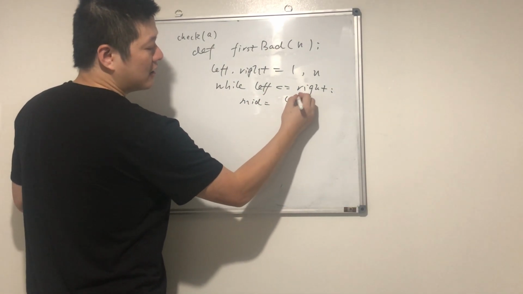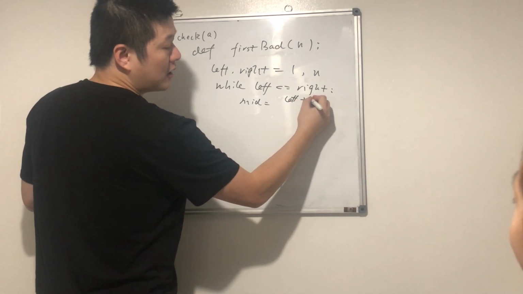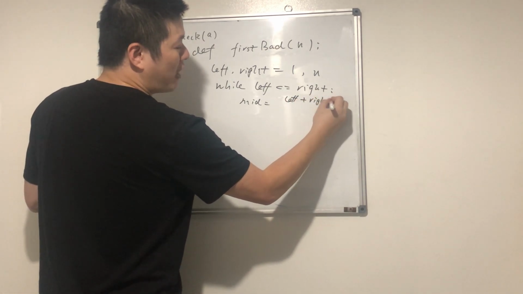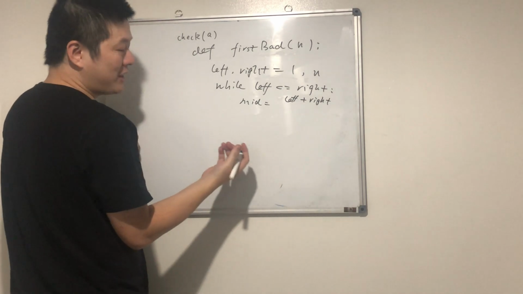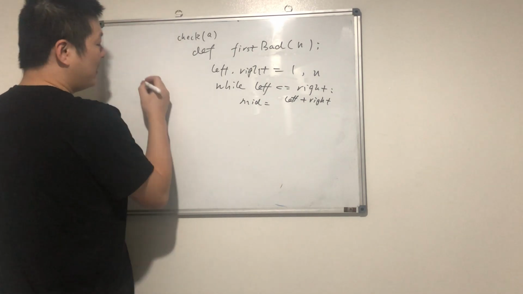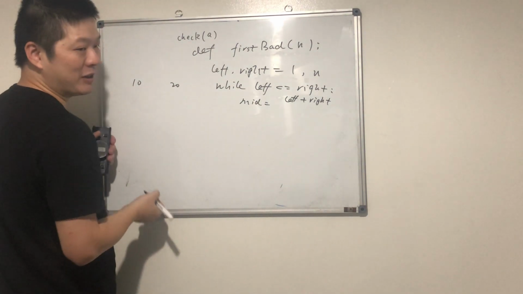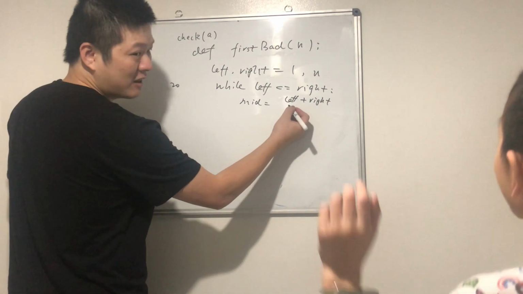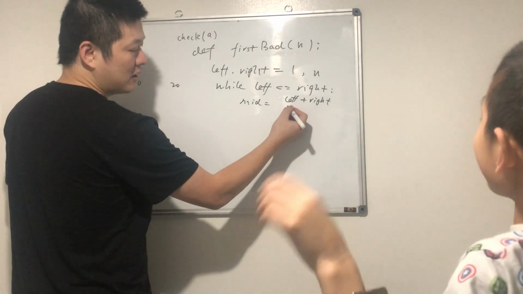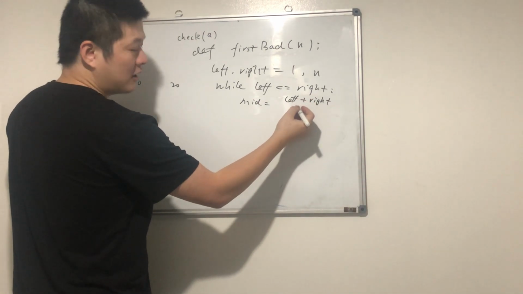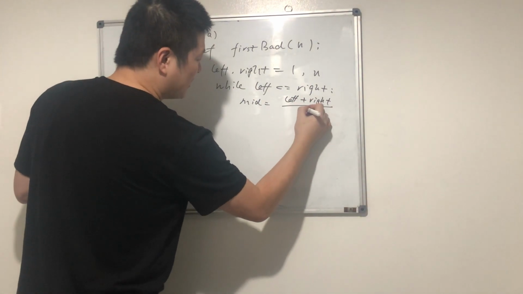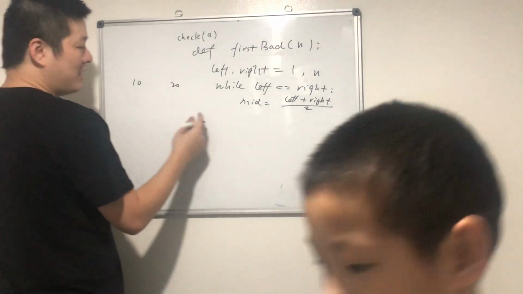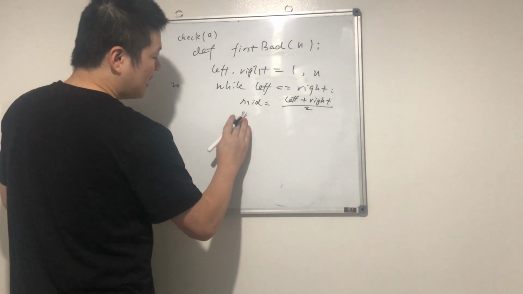How to calculate the middle? Between 10 and 20, what's the middle? 15. So mid is left plus right divided by 2.